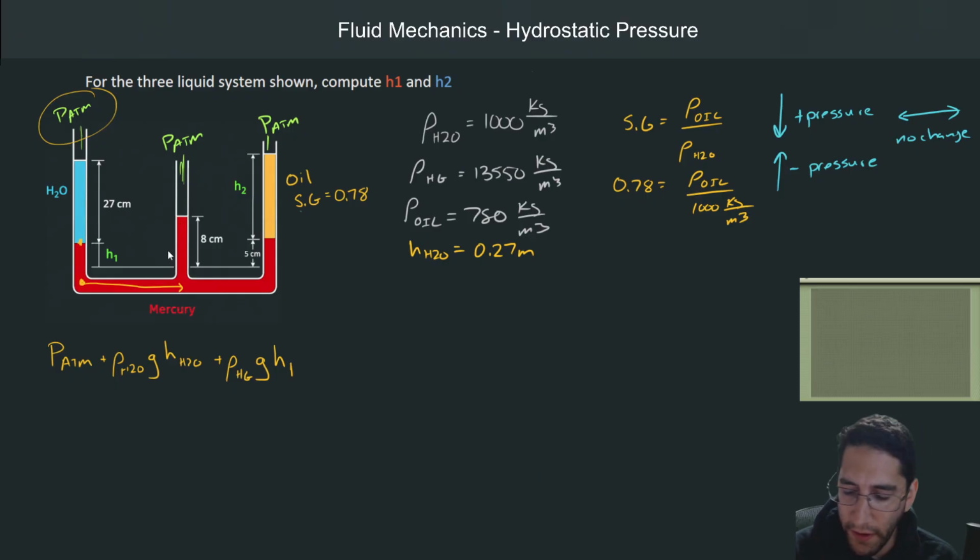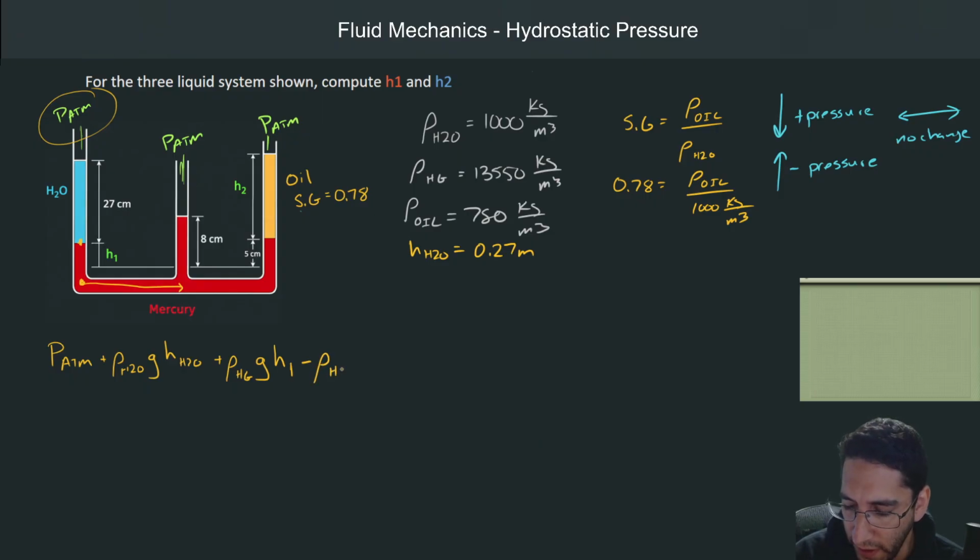I'm still in mercury, but I'm going up, so it's minus my density of mercury times gravity times the height of mercury, which is 8 centimeters or 0.08 meters. Now we're up here at atmospheric pressure, so this is equal to atmospheric pressure.